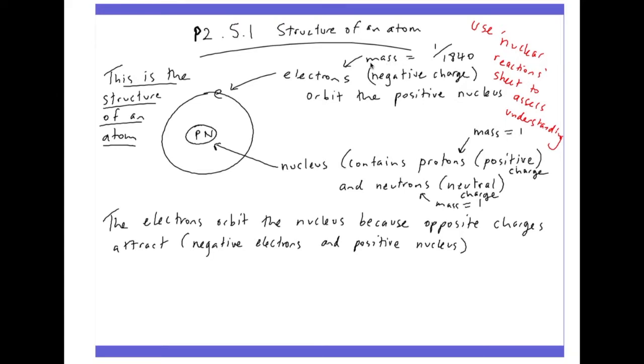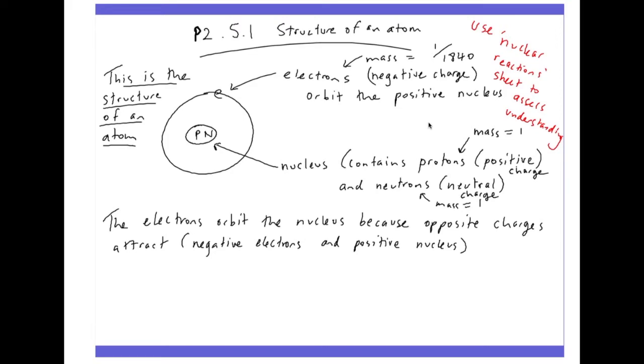So when I'm saying the mass of an electron is 1 divided by 1840, it basically means the electron is nearly 2,000 times lighter compared to a proton and compared to a neutron. Now that's the masses all done.